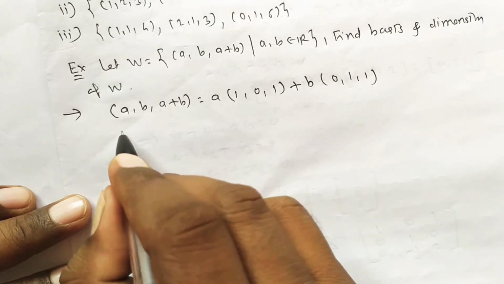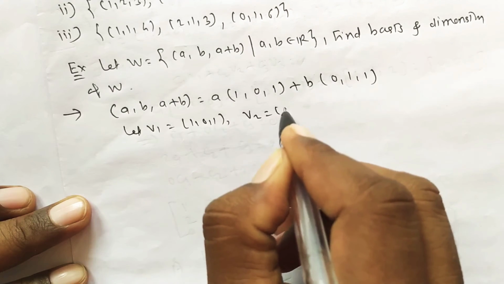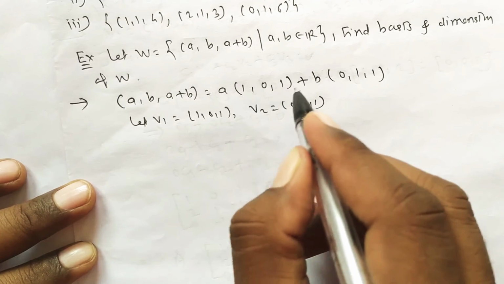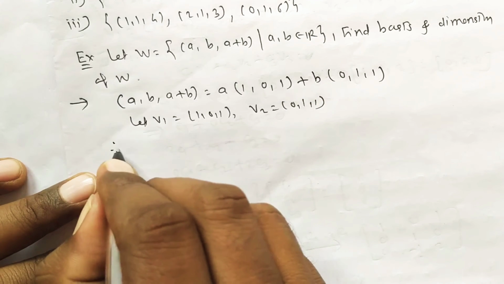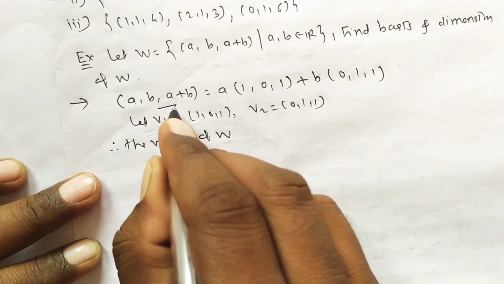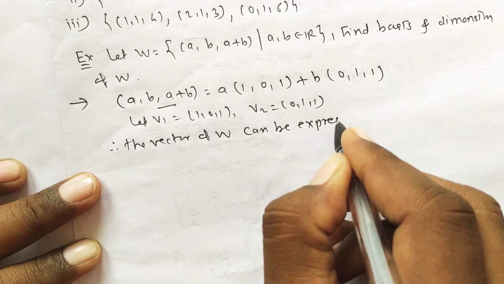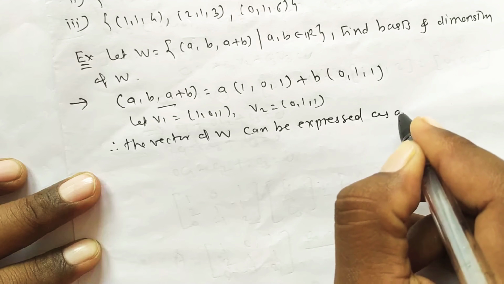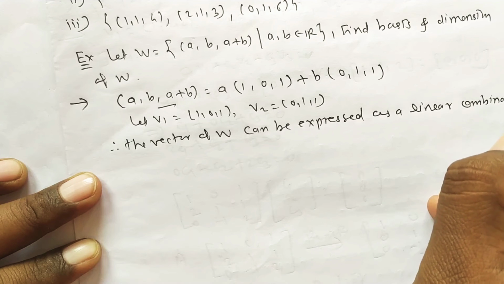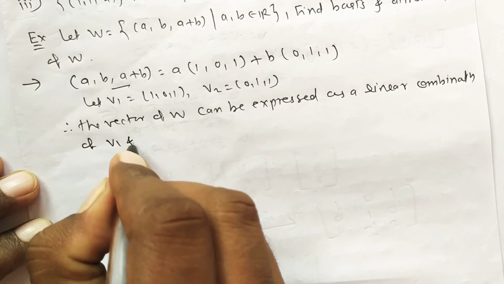Okay, so what is this here? Suppose v1 is equal to (1, 0, 1) and v2 is equal to (0, 1, 1), so we can write (a, b, a plus b) is equal to a v1 plus b v2, therefore this vector of W can be expressed as a linear combination of v1 and v2.